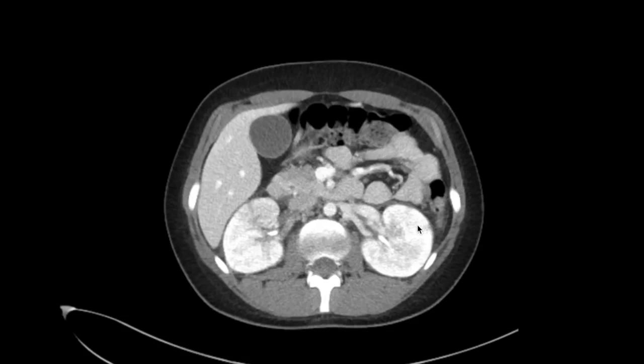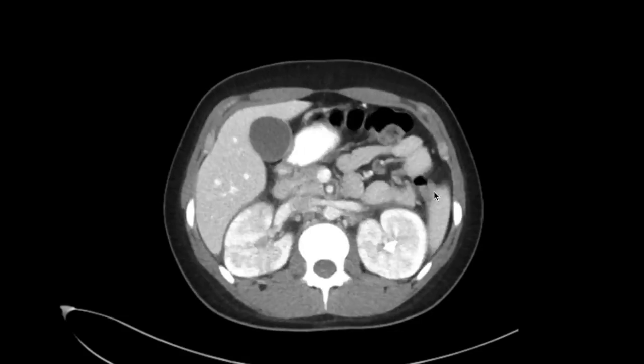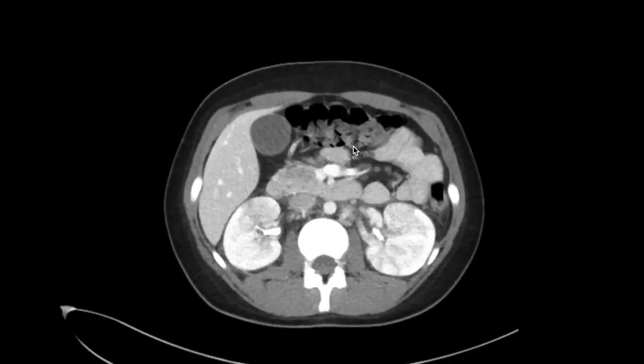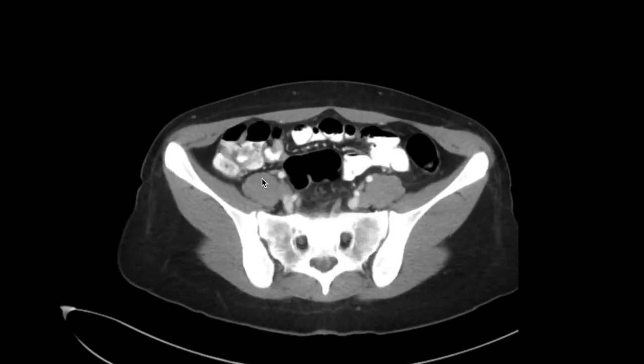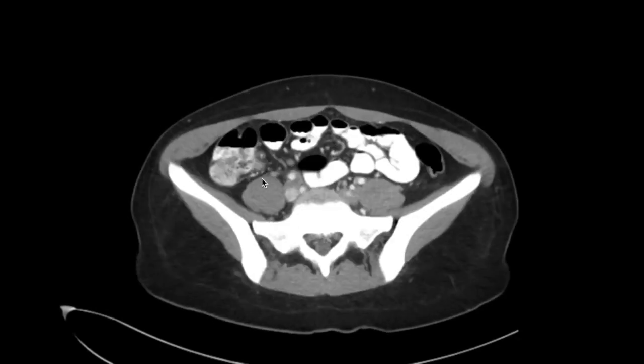Very briefly, to know if bowel is dilated or not, a lot of people use the so-called 3-6-9 rule. So normal small bowel should not be larger than 3 centimeters in diameter. Large bowel should not be greater than 6 centimeters in diameter. And the cecum, here in the right lower quadrant, should not be larger than 9 centimeters in diameter.